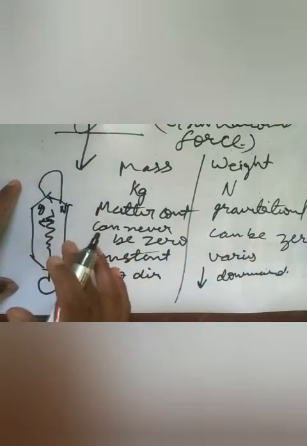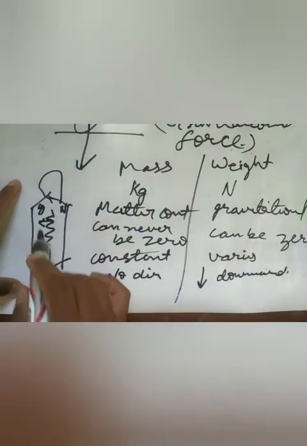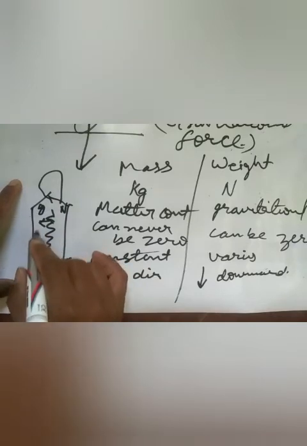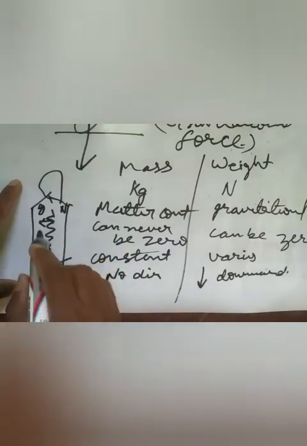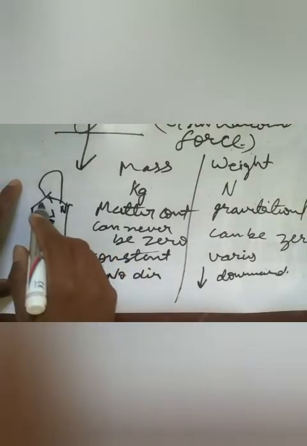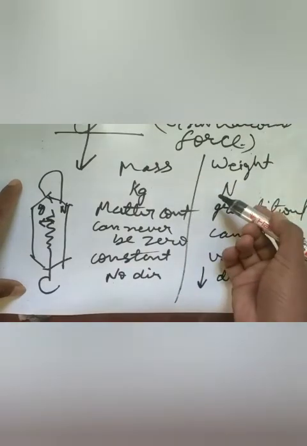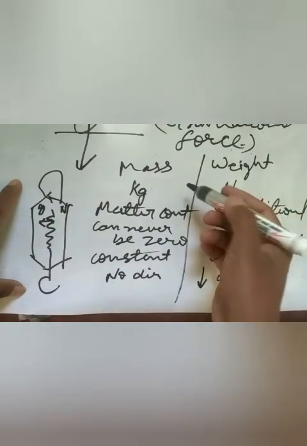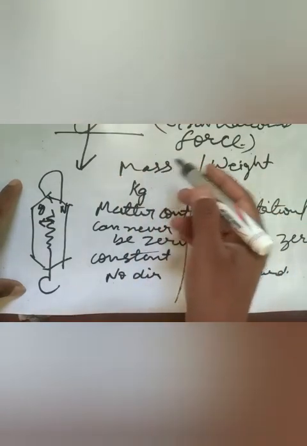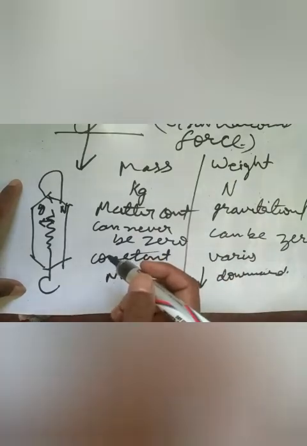I hope you have noticed this. So what happens then, both readings are there. Actually, if you have mass, then you can have weight, because on your mass gravitational pull exerts.